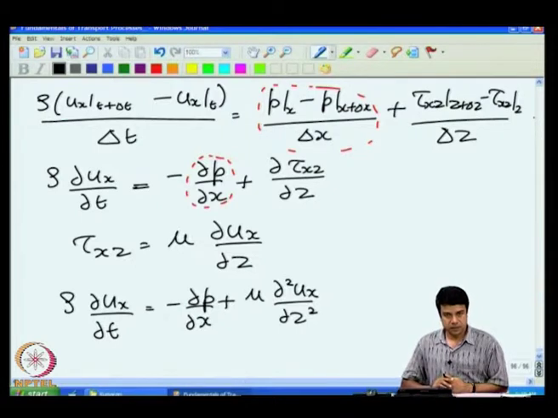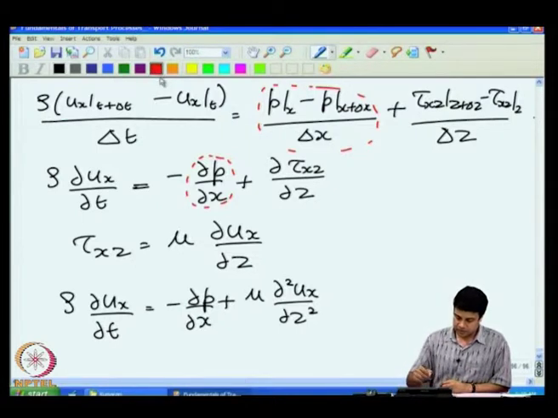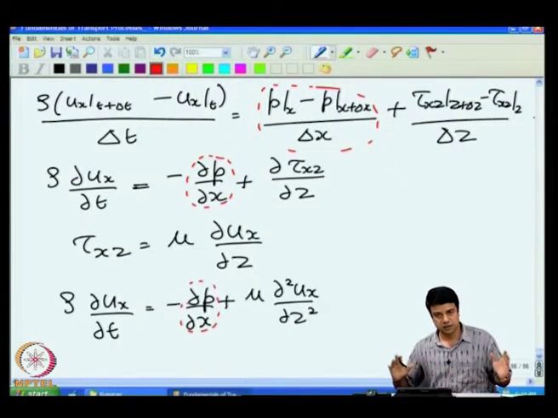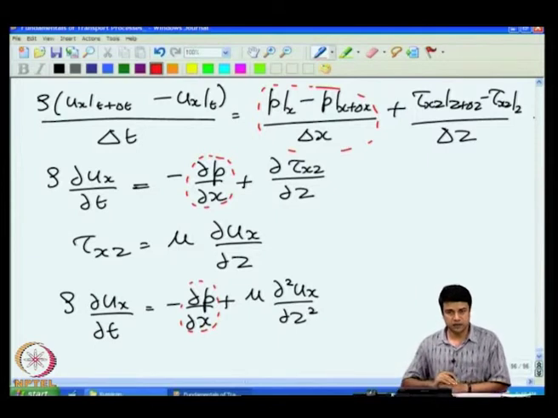So, this is the balance equation, and it contains this pressure gradient, which is an imposed pressure gradient, a constant along the length of the tube, and this is what is driving the flow.